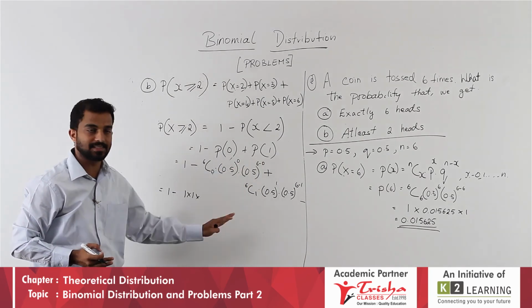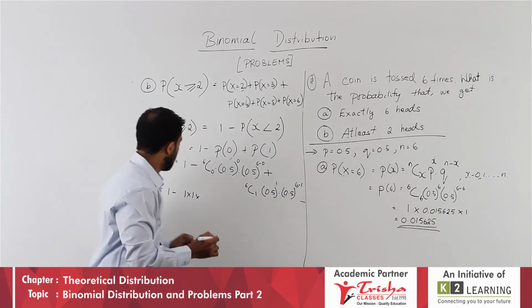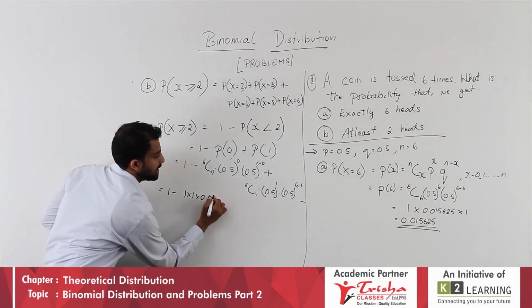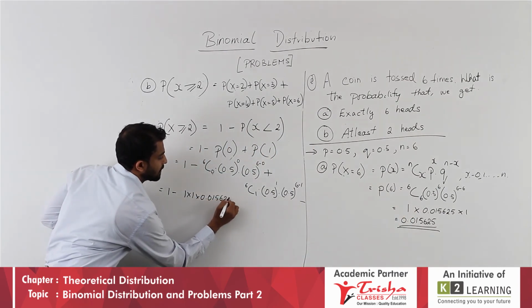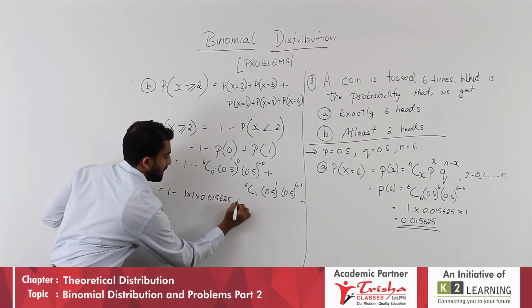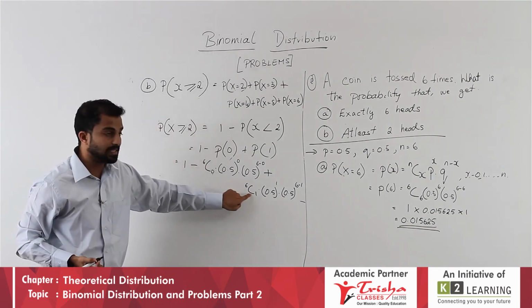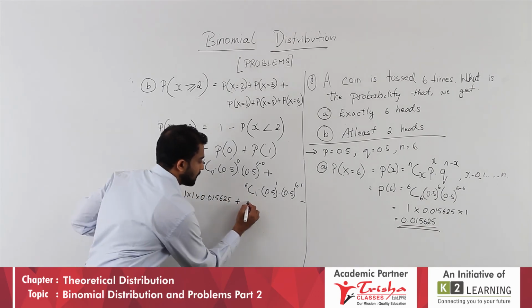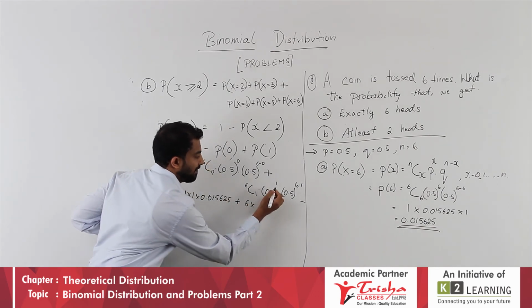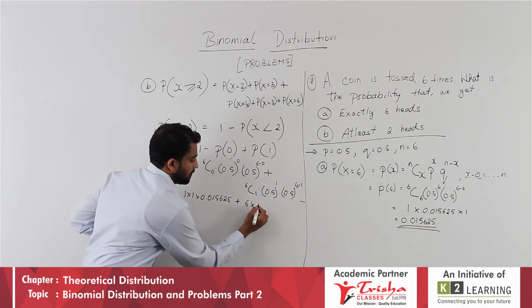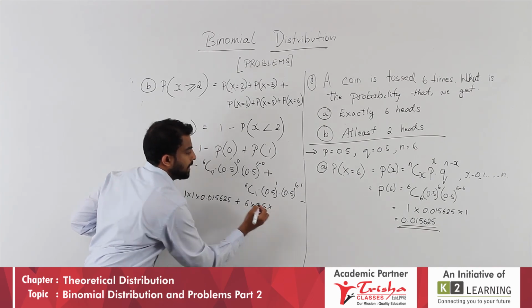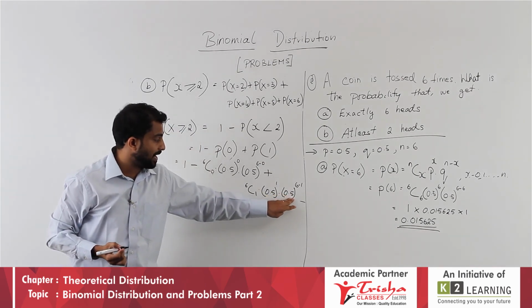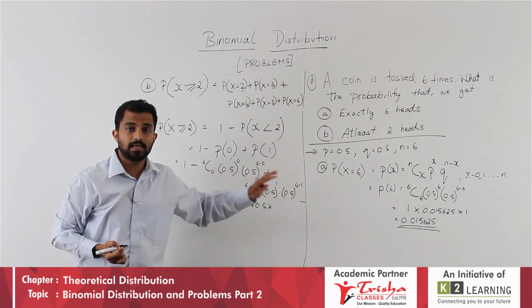It's the same thing we did that time. 0.5 to the power 6 is nothing but the same answer, 0.015625, plus 6C1, which is 6, into 0.5 to the power 1, into 0.5 to the power 6 minus 1, which is 5.